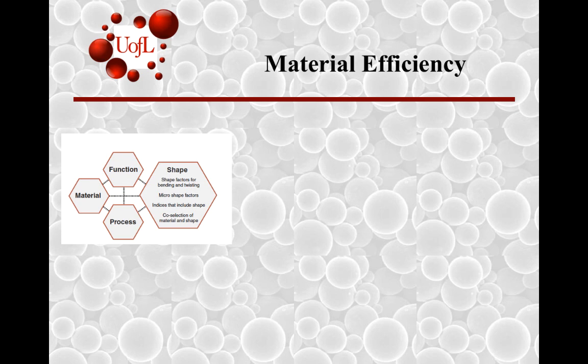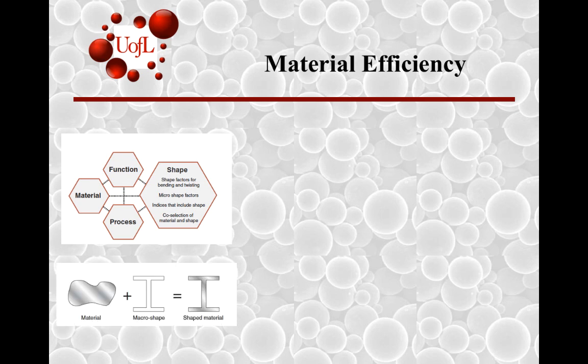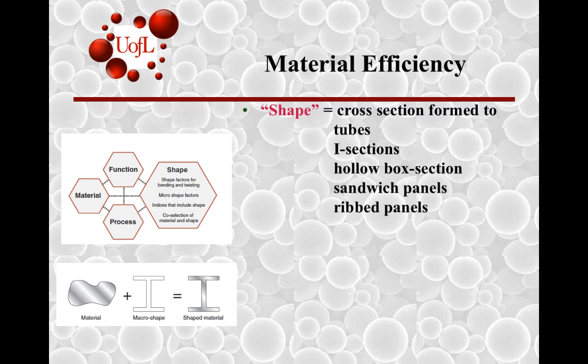So these are all some possibilities. We will in particular look at the transformation of a material into a given shape from mechanical attributes during this module. And by shape, we are looking at tubes, I-sections, hollow box sections, sandwich panels, rib panels, and such.